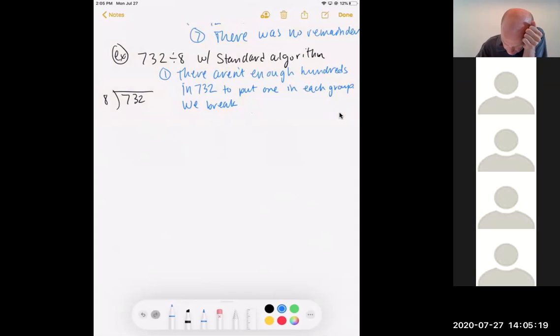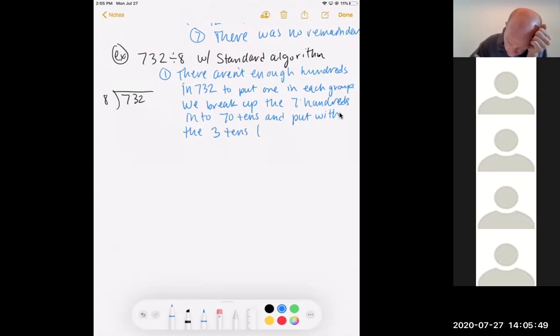We're breaking up the 700s into 70 tens, and put with the 3 tens from the 732. And when you do that, you have 73 tens total.